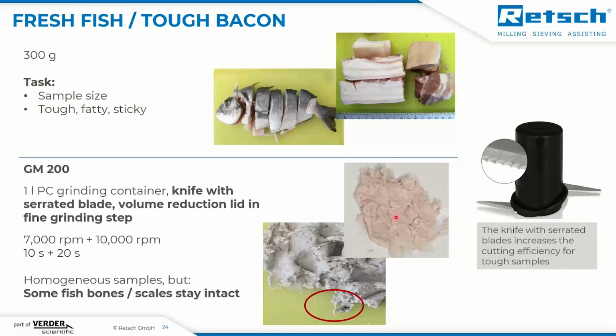If we take this volume reduction lid from the beginning for such a tough sample, then it's too much pressure on the knife and you will just block and stop the mill. But with the first lid, the standard lid, everything is fine. And in the second step, you can use more pressure on the sample with the volume reduction lid. So here we come to the sample, but again, some remainings are left over, scales maybe, or some fish bones.